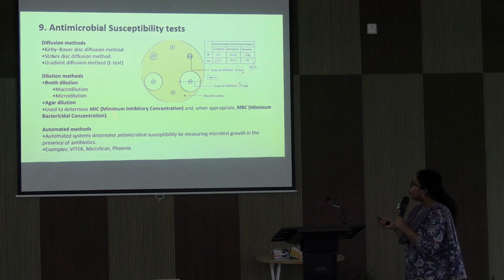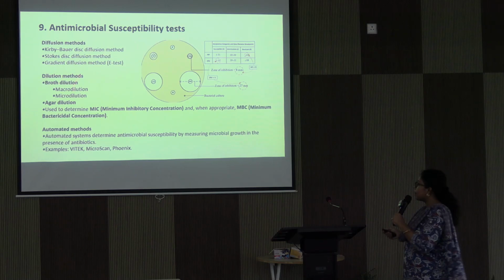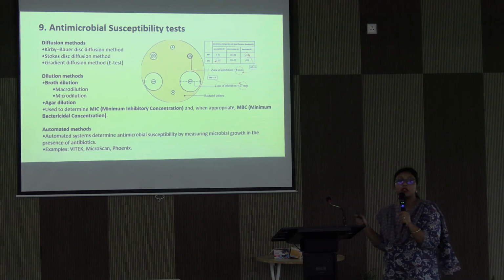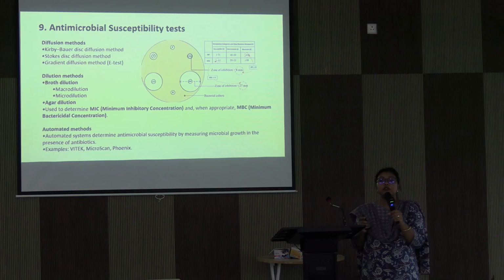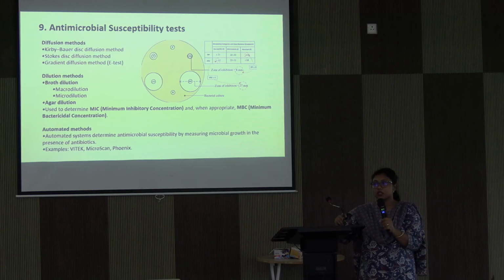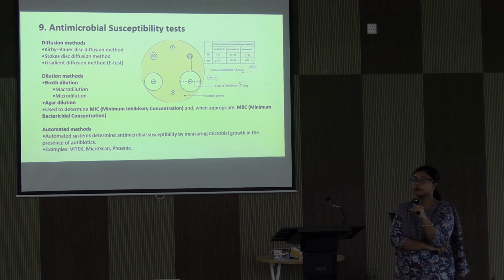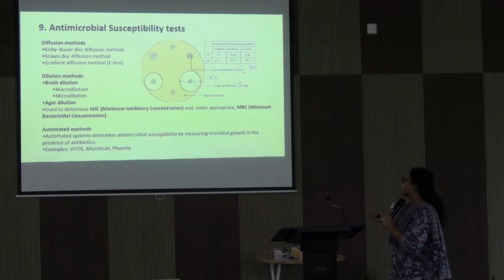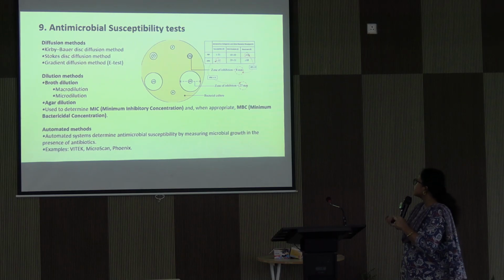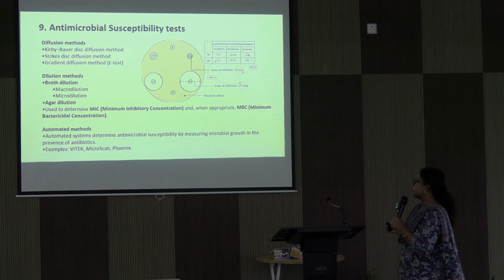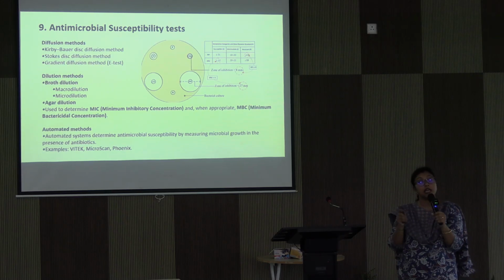And in all these methods, let me tell you, we calculate the MIC. What is MIC? MIC is minimum inhibitory concentration. What do you mean by minimum inhibitory concentration? Any idea? Another thing is MBC, but MIC is more important because most of the time we are calculating the MIC.